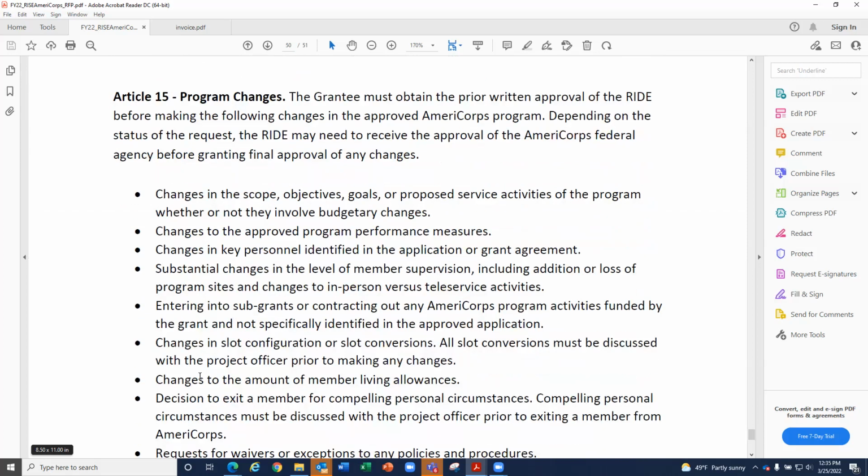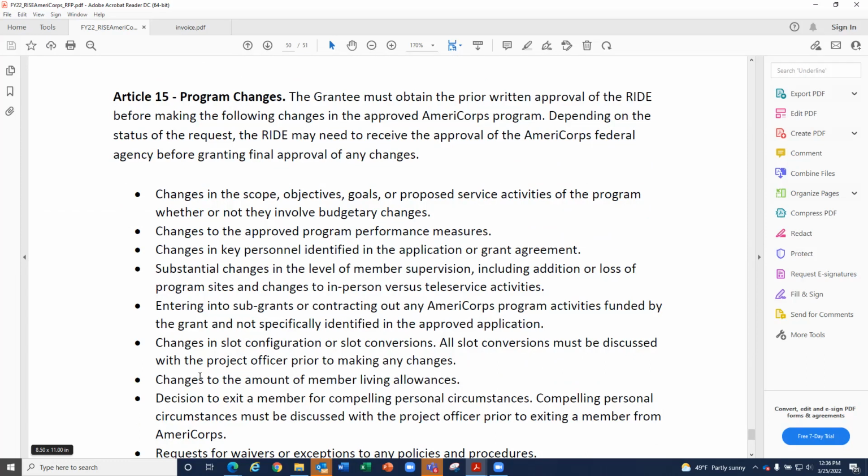Now, after you get a grant, you'll probably want to make some changes. Rather than reading through all of this, I'll just say that anything is possible with a conversation, and that's what this explains in the terms and conditions.